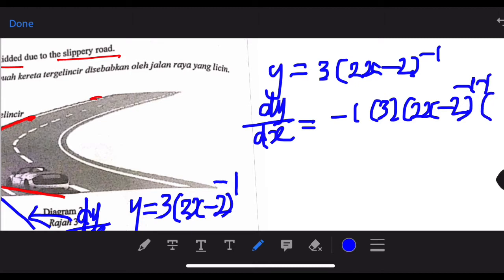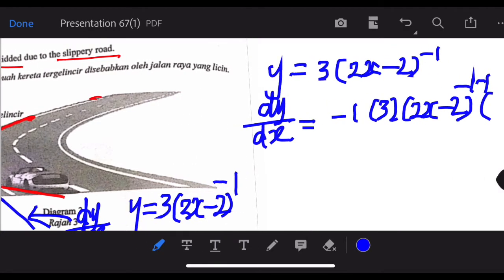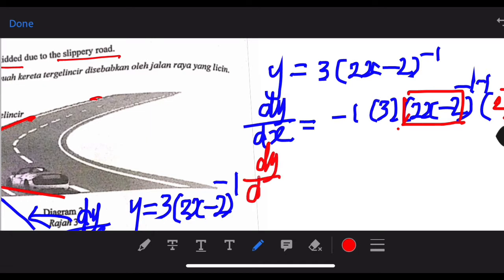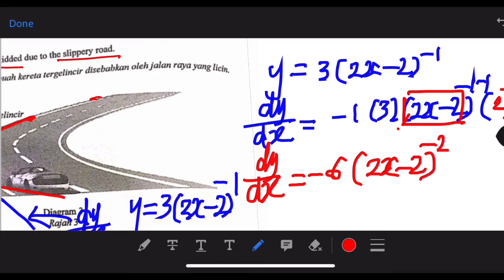And don't forget, you have to differentiate inside the bracket. This is the part that people always forget. Differentiate the 2x minus 2. So 2x, you will get 2. So finally, your dy/dx is -6(2x minus 2) to the power of -2.